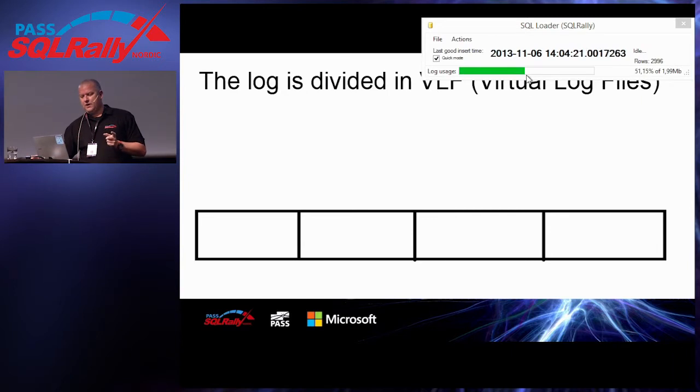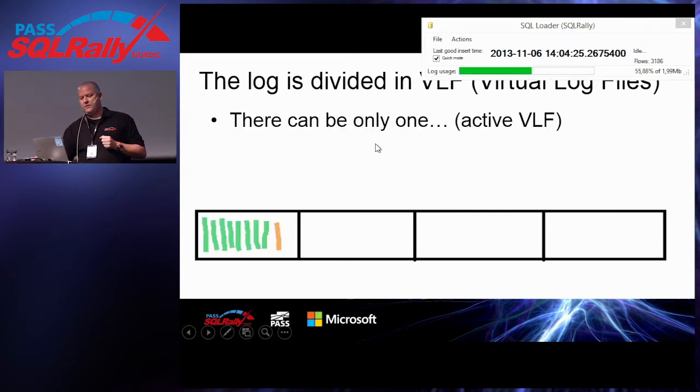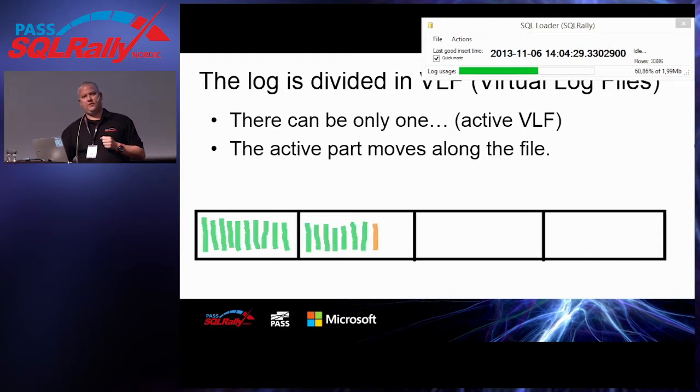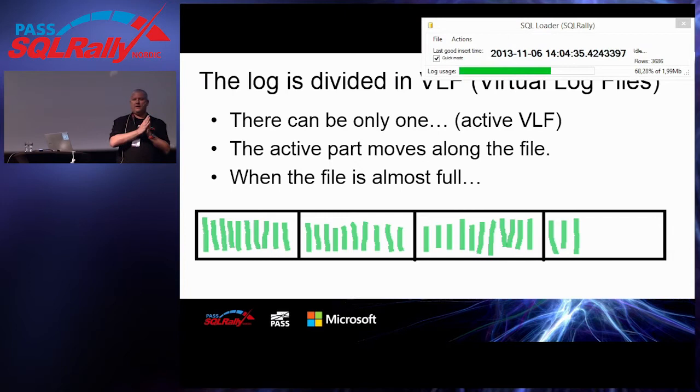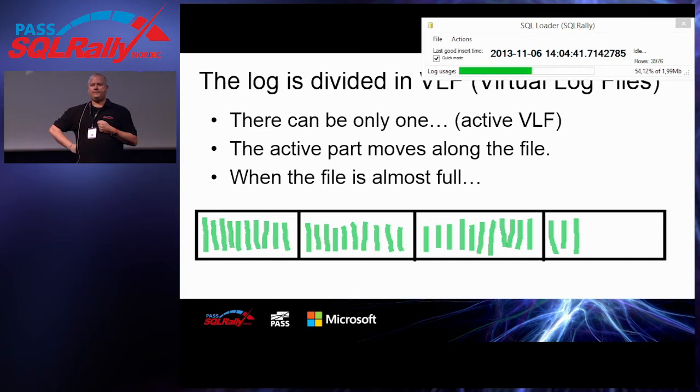So this one file I have is actually 4 files inside the file. And right about now, the active part of my work jumped between log files like this. And we are coming up to the magical moment. The file is full. What will happen now? By default, it will grow.